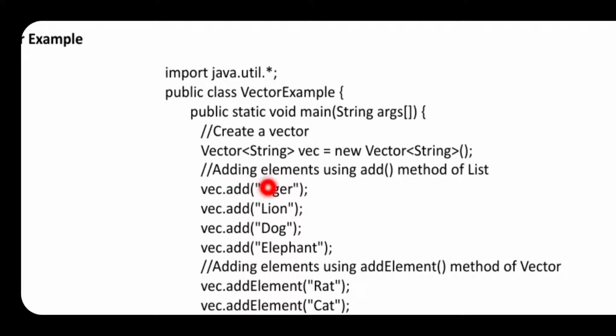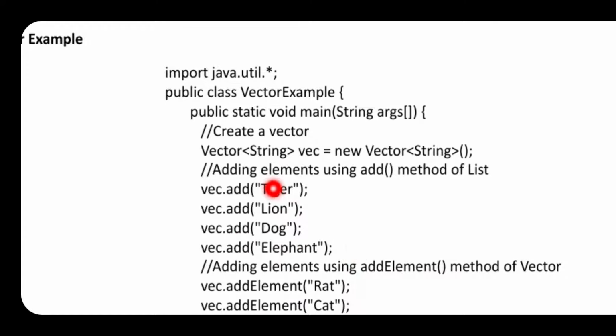So, adding elements using the add method of the list. vec accepts strings, so the method will go for tiger. Tiger will be added within the Vector. Whether you have defined any limit here? No, which means it can grow without limit. So vec.add within brackets lion, dog and elephant.